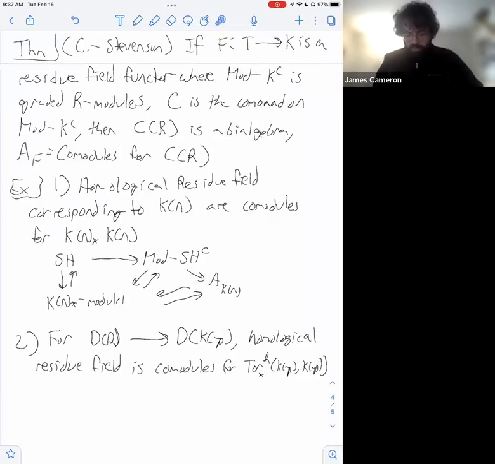And again, it's because this derived category here is already an abelian category, and so it's its own model category. So when you apply this comonad to kappa P, you just first get down to R, and then you tensor back to kappa P. So you just have kappa P tensored over R with kappa P. So that's just the Tor here.